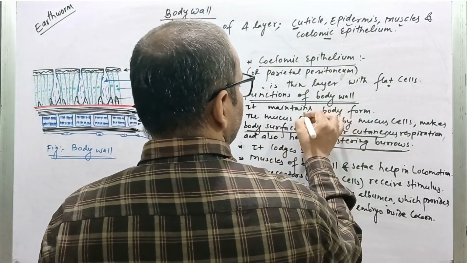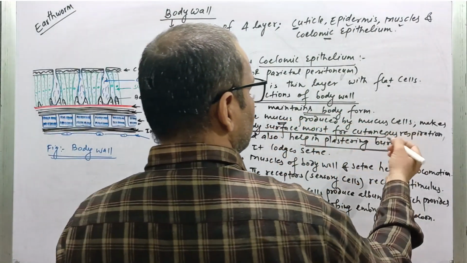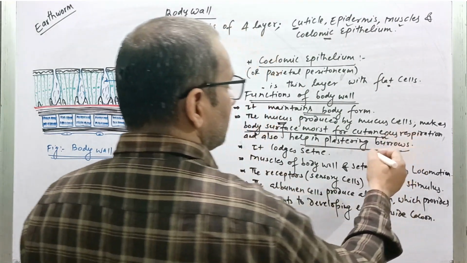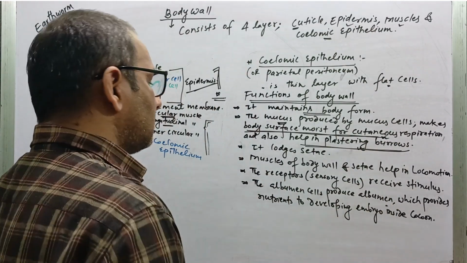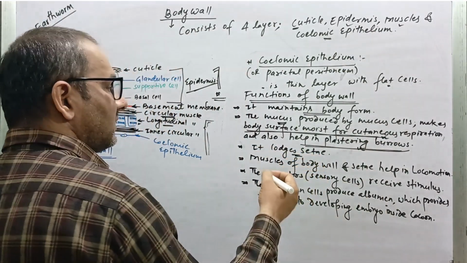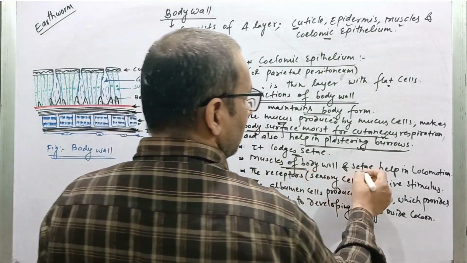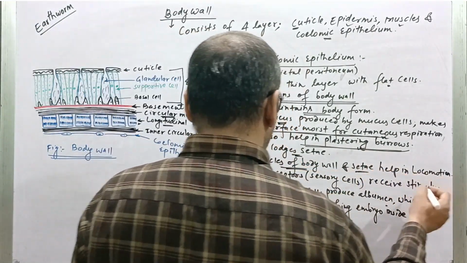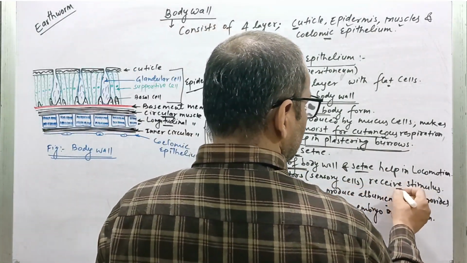It maintains body form. Mucus, produced by the mucous cells of the epidermis, makes the body surface moist for cutaneous respiration and is also responsible for plastering of the burrows. The body wall lodges setae, and the muscles of the body wall and the setae help in locomotion. The receptors, that means the sensory cells, receive stimulus.